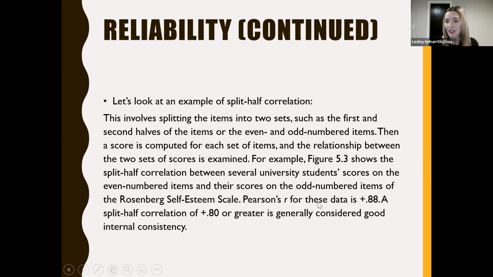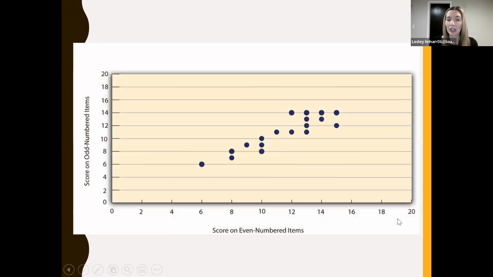So for this one, the Pearson's R for these data is positive 0.88, and a split correlation of 0.8 or greater is generally considered good internal consistency. So we are looking at a chart that shows really good internal consistency here. So we can see the score of the even numbers is hanging well with the score of the odd numbers.